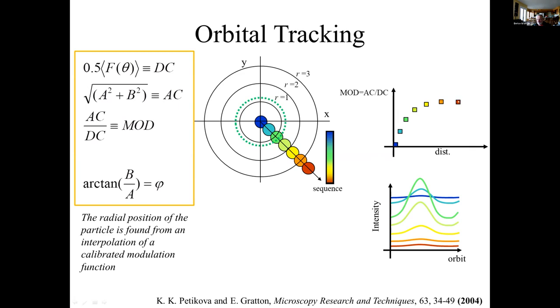And remember that the farther we go, it remains constant. So this is important, because no matter how far the particle is from the center, we can minimize the position of the orbit in order to bring the position of the particle to the center. Well, I say that this is a 3D particle tracking.